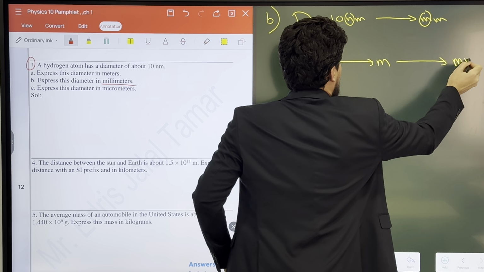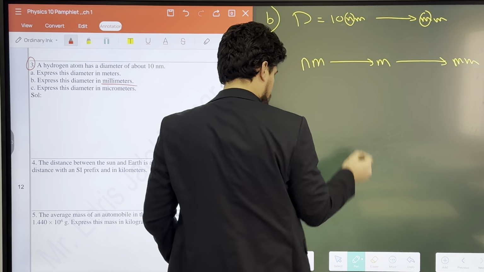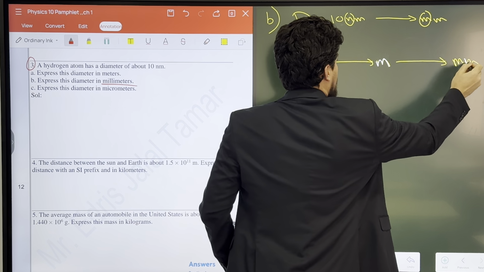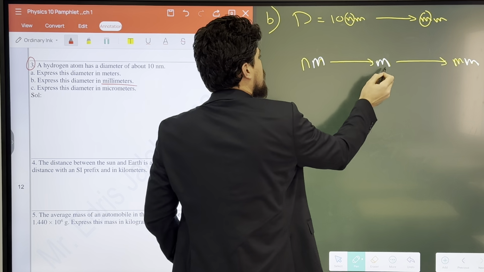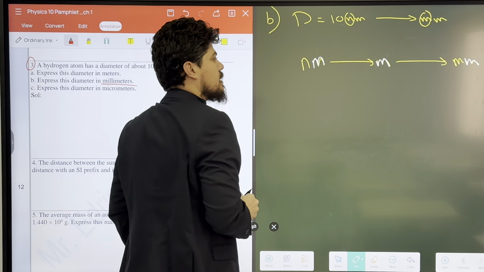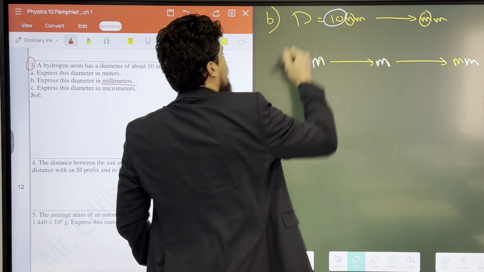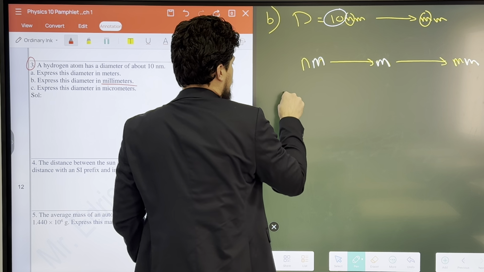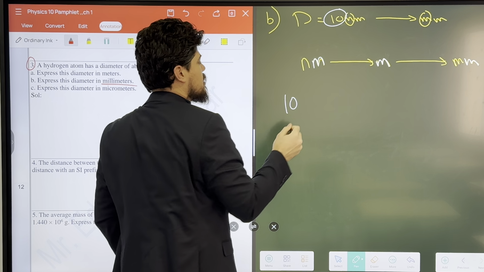To millimeter. Okay, so what is this? This is the essential unit, which is meter. Okay, convert nanometer to meter, meter to millimeter. What is the given value in the question? 10. Bring down this 10. Look, this is the given value in the question, 10.